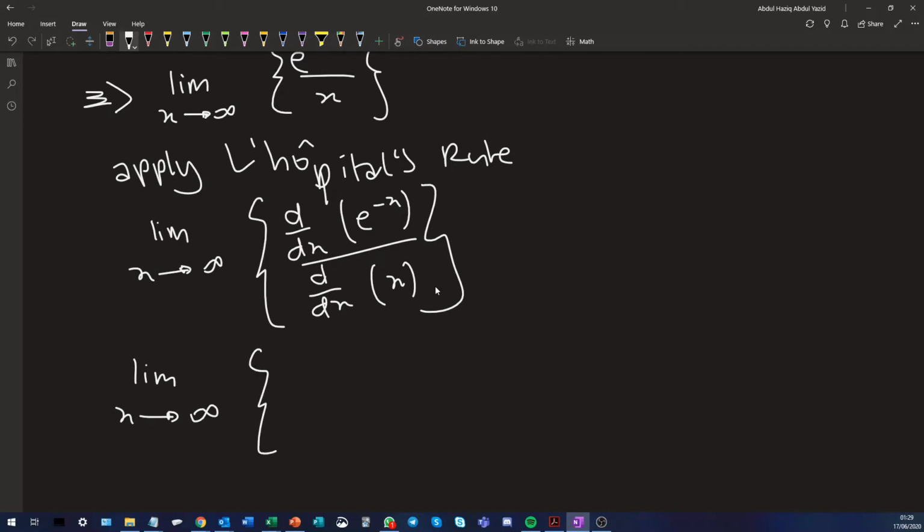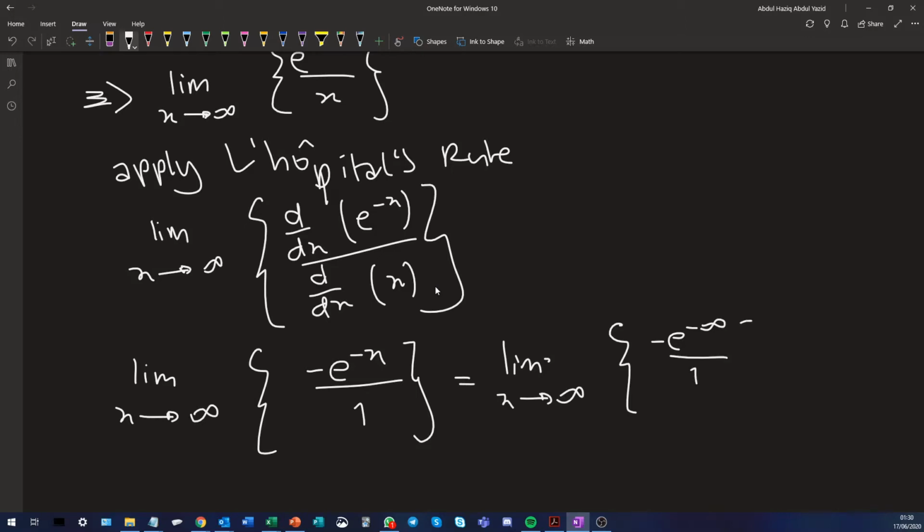So d over dx of e to the negative x is just negative e to the negative x, and down here we just have 1. So if we take the limit, up here we get negative e to the negative infinity over 1, which is just 0.